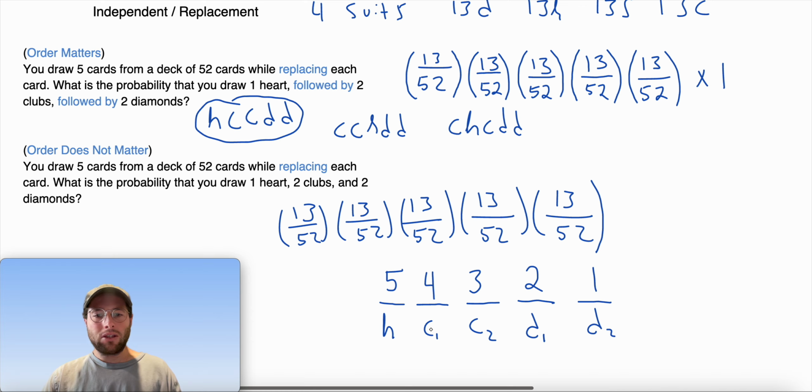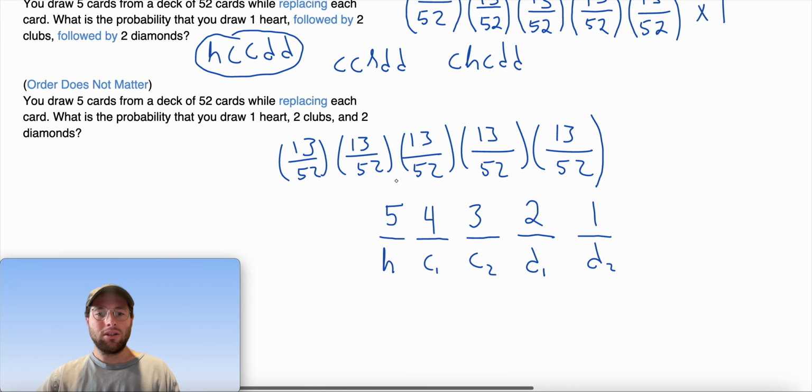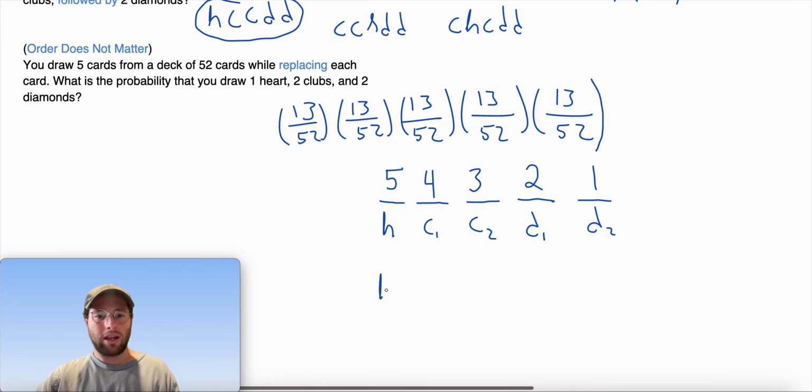Whether I have club 1 here or club 2 here and vice versa, it doesn't matter. So I'll actually just write right here: H, C2, C1, D1, D2. We are counting this as the same arrangement as the one right here. And so we want to account for that whenever we're counting the total possible arrangements.